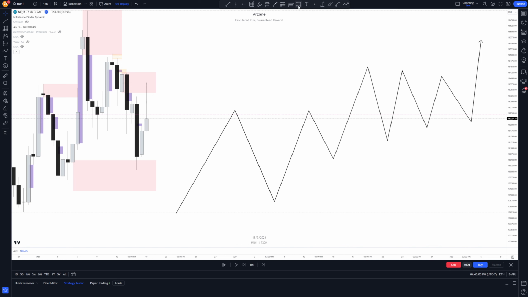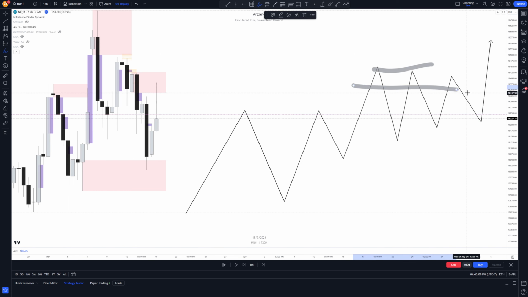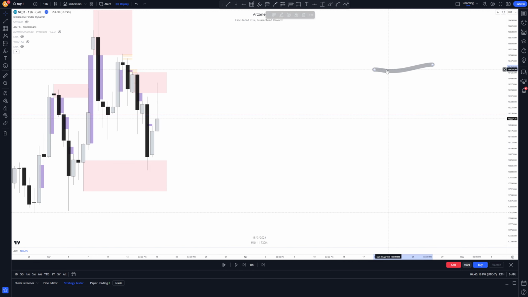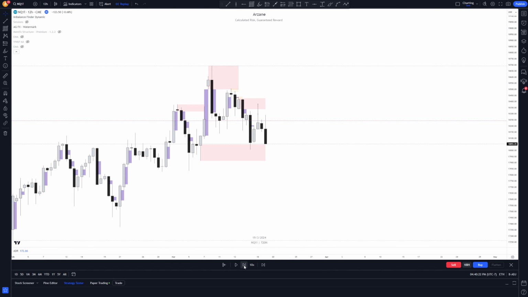A lot of times these will act as a thing that creates the pullback back down before the push through. Doesn't happen always. Sometimes you won't even see it reject, and it will just push right through and there's no rejection. But what's most likely happening, I don't know, is it's going to pull back down to some zone to buy through, and it's just going to continue through it.